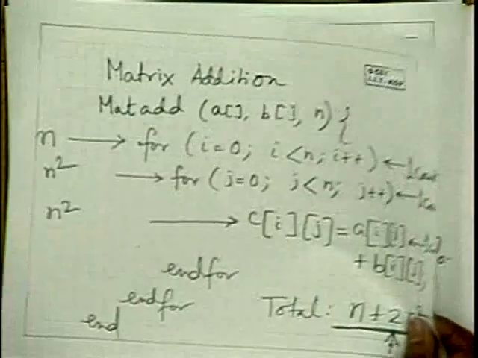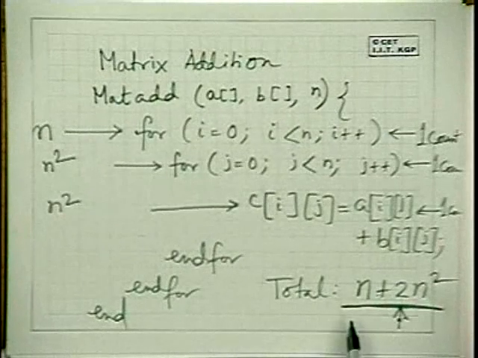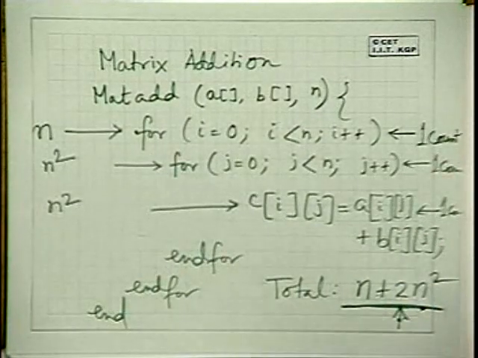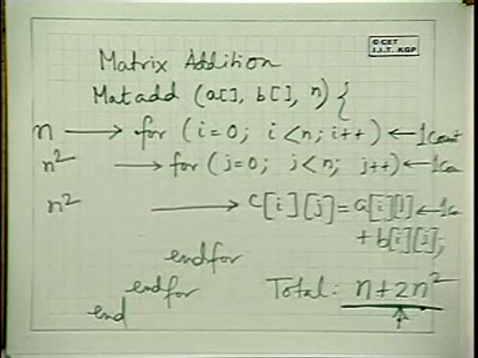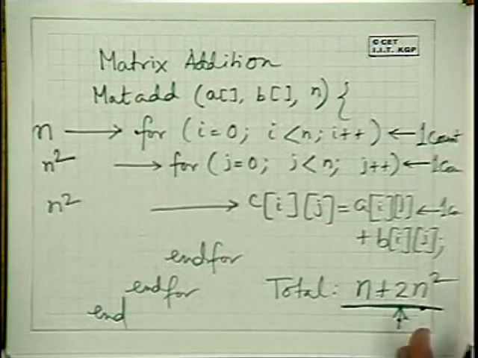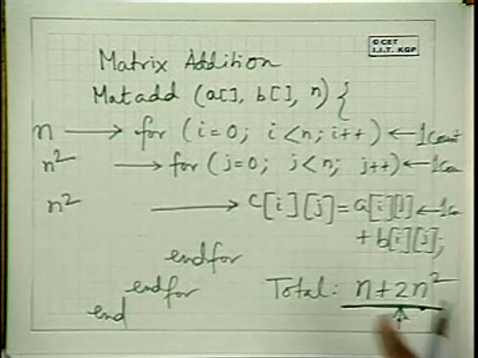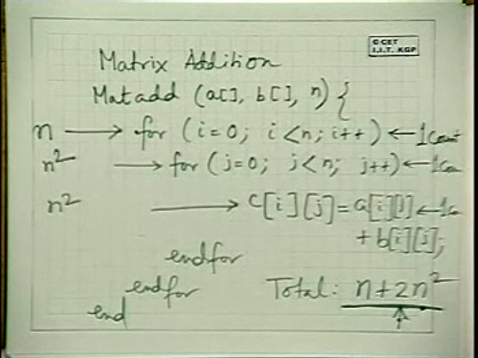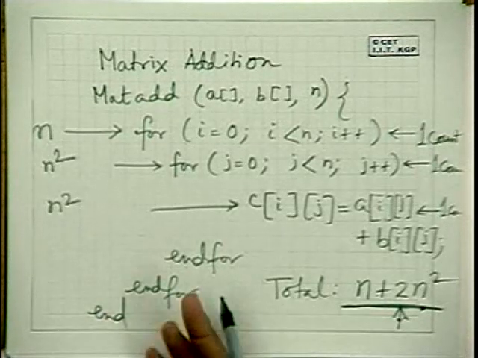If you have seen the previous slide, this n plus 2n square, when n is very large, which factor will dominate the value? N square will take over n. If you plot the graph, it will be mostly parabolic. When n is very large, n does not come into the picture that much.